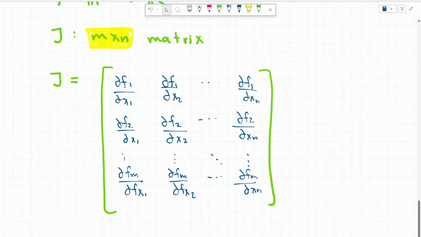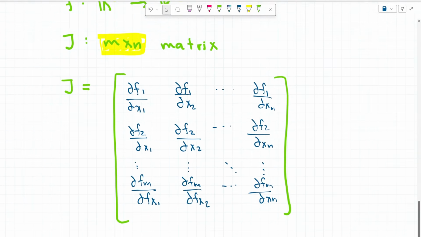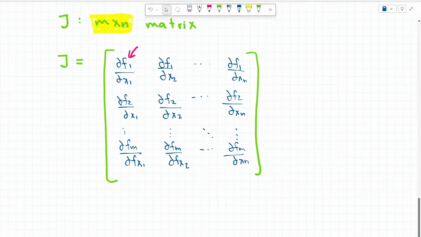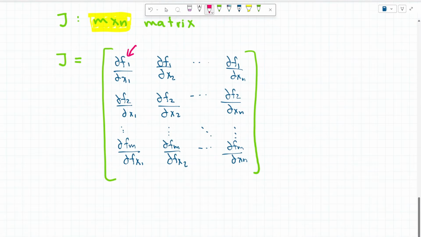So I spent the time and wrote out an example Jacobian matrix here just for you. It's important to understand what these inputs are. Say, for example, you have a vector function represented as f with the vector hat of x1, x2, all the way to xn.